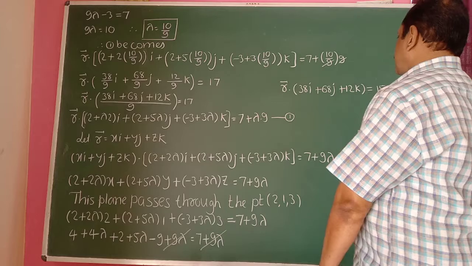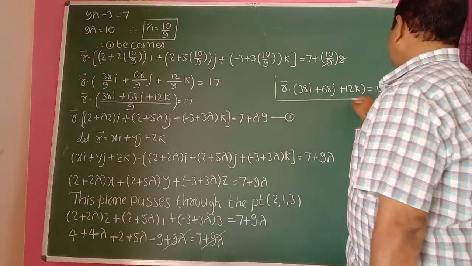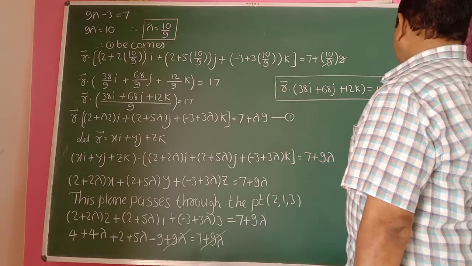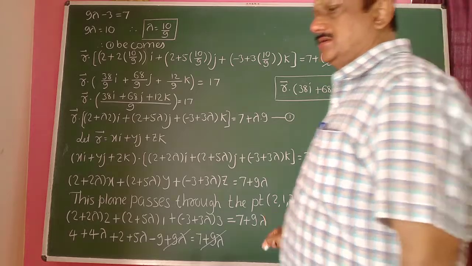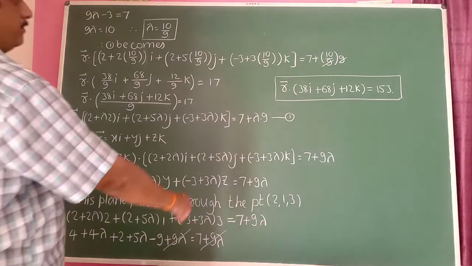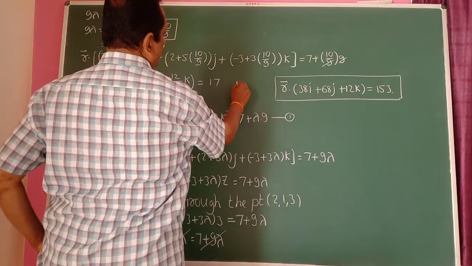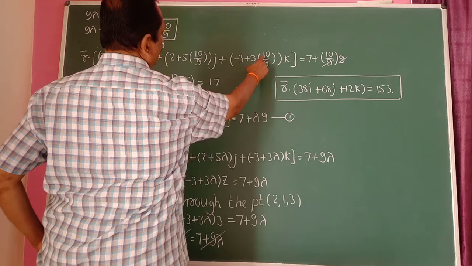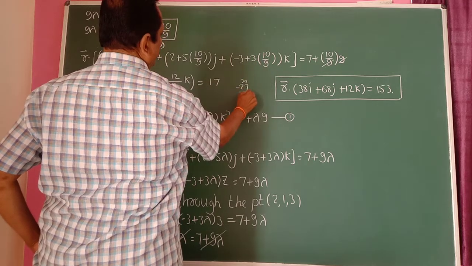So 153. So this is the required equation of the plane here, passing through the point 2, 1, 3 and the line of intersection of the given planes. So there is one mistake here, because here 9 3s are 27 minus 27, 10 3s are 30, so it becomes a 3 here.